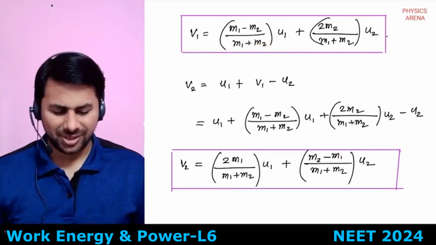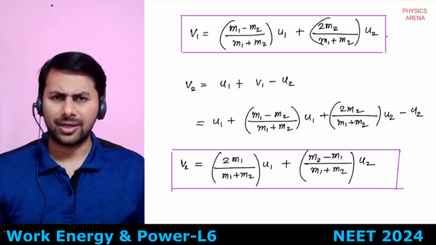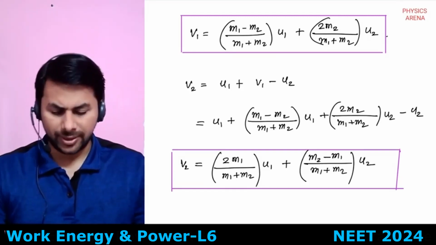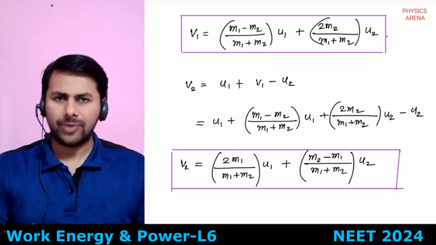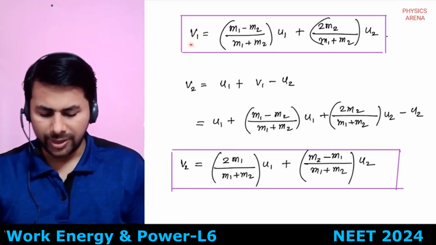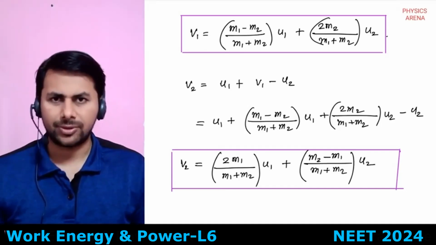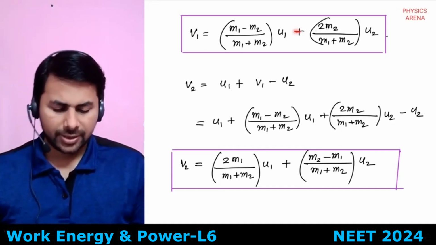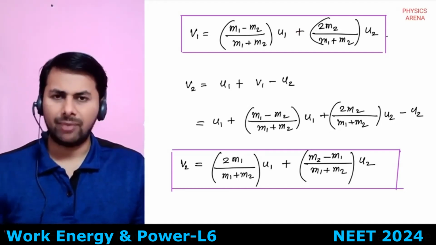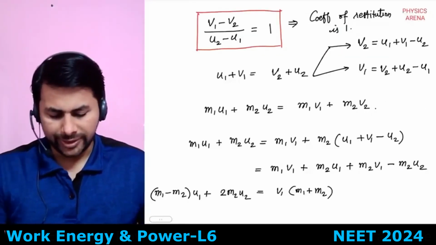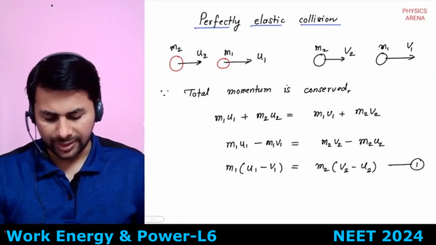So we get these two formulae for final velocities. Slightly difficult, I can say, to memorize, but we need to memorize them. What is the final formula? v1 is equal to (m1 minus m2) upon (m1 plus m2) times u1, plus 2m2 divided by (m1 plus m2) times u2. What is the setup? Which is the first body, which is second?